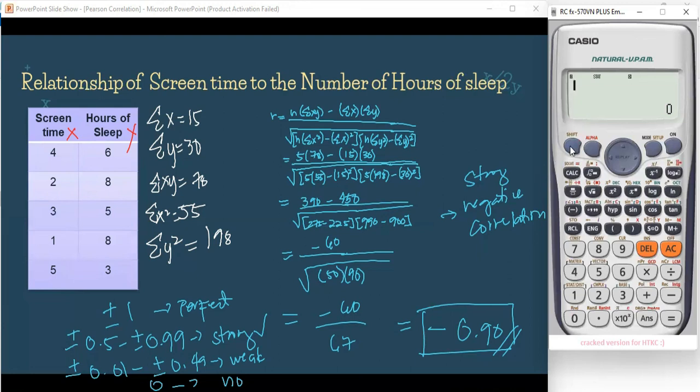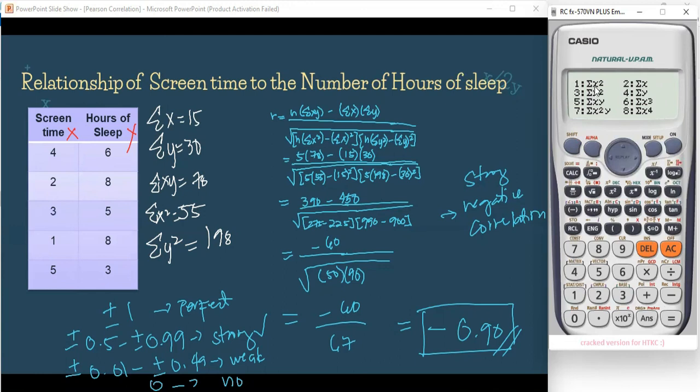So, kung babalikan natin, yung data po natin kanina, actually, ito po sa calculator natin, pwede pa rin natin ma-check kung yung mga values po natin dito is correct. So, AC uli natin. So, that is shift, stat. Halimbawa, dito sa mga summations natin, pwede natin ma-check ito pong mga ito. So, we have here 3 sum.